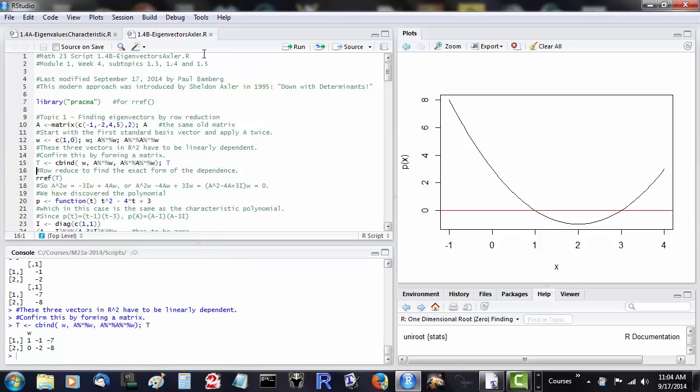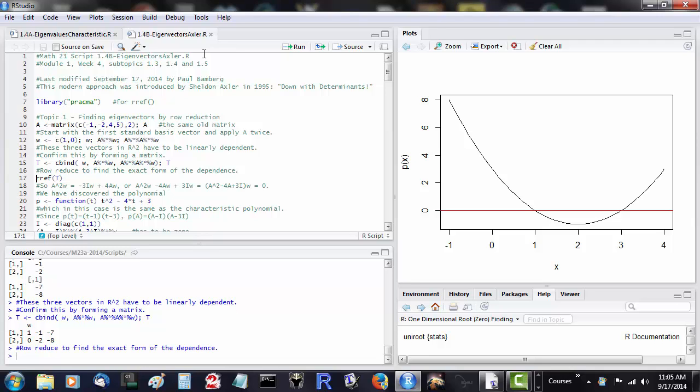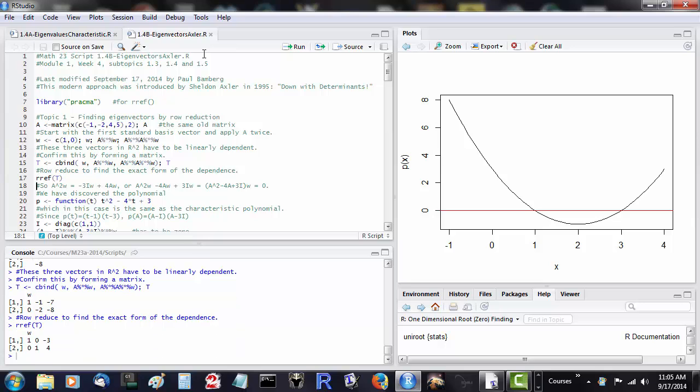I can confirm that by making them into the columns of a matrix, which I'll call T, and if I row reduce T, I can figure out the exact nature of the dependence.